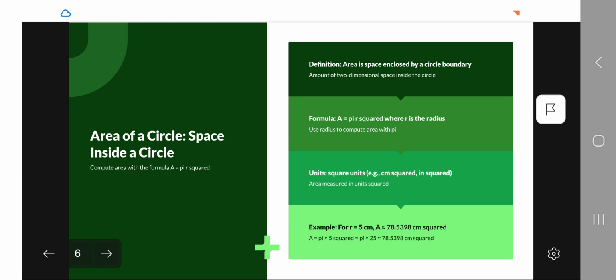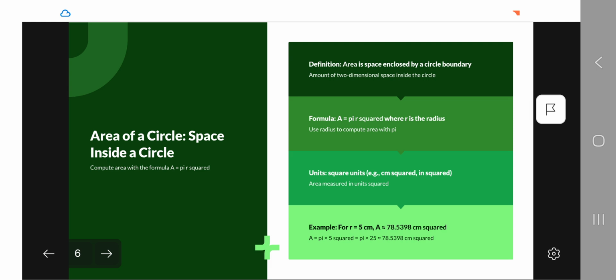So, for example, for radius equals 5, area is approximately equal to 78.5398 centimeters squared. So area is pi times 5 squared, radius squared.